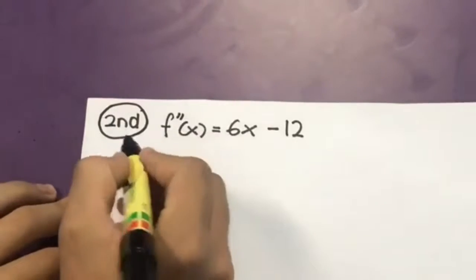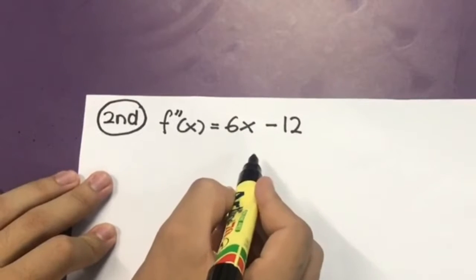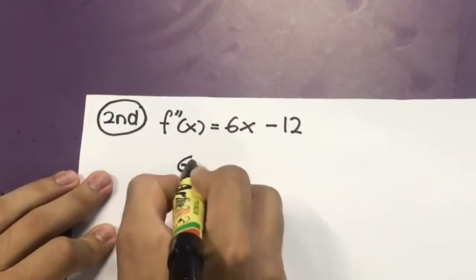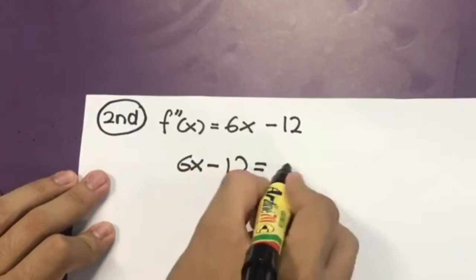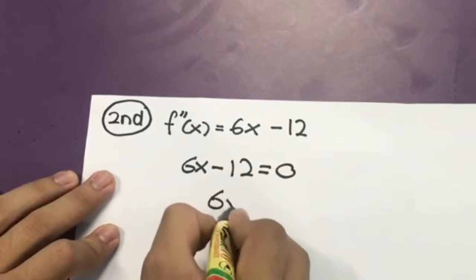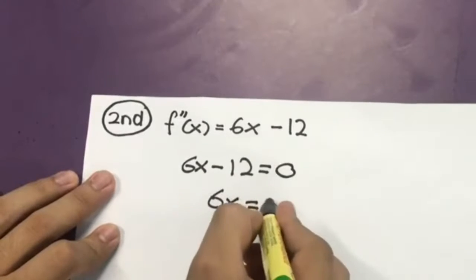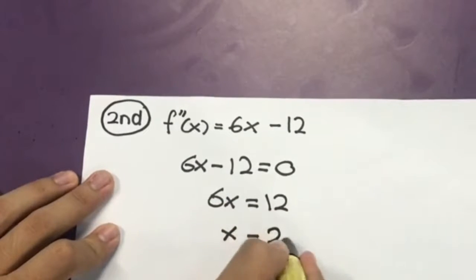From the second derivative, we will get the critical value. We must equate the second derivative to 0. 6x minus 12 equals 0, and then we get the critical value, which is 2.